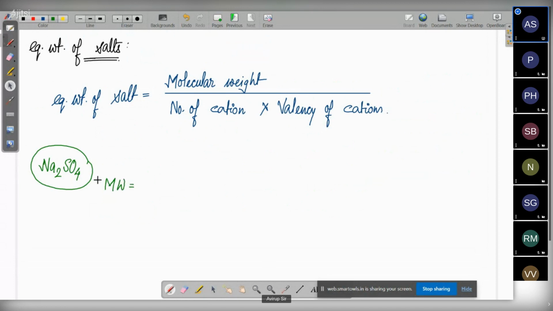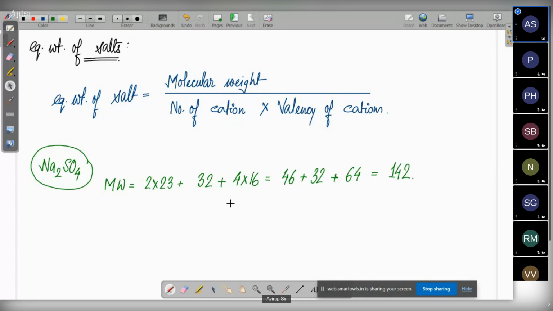Sodium is 23, so 2 into 23, plus sulfur is 32, plus oxygen is 16, 4 into 16. So that is 46 plus 32 plus 64. If you add it up, this should come at 142.